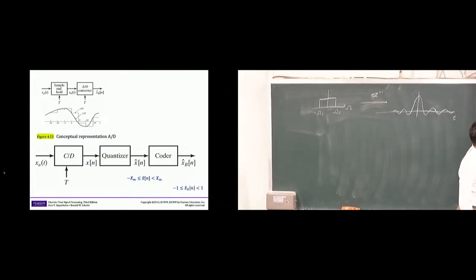That's the overall block diagram. Let me say that to perform sample and hold and then convert to the digital domain, these two blocks are equivalent to two steps: converting to discrete time first, then performing quantization.